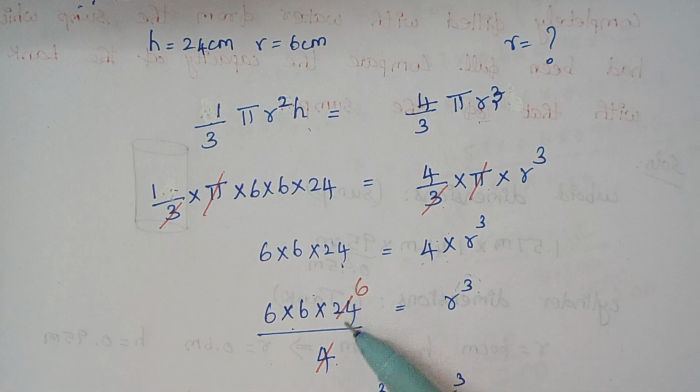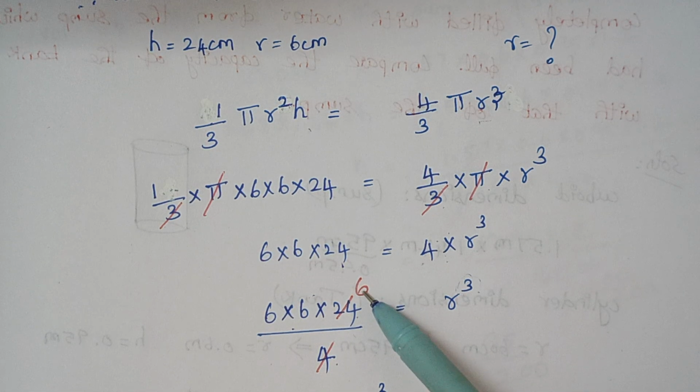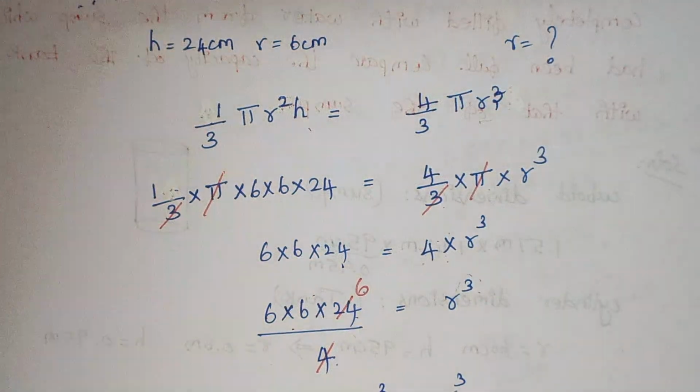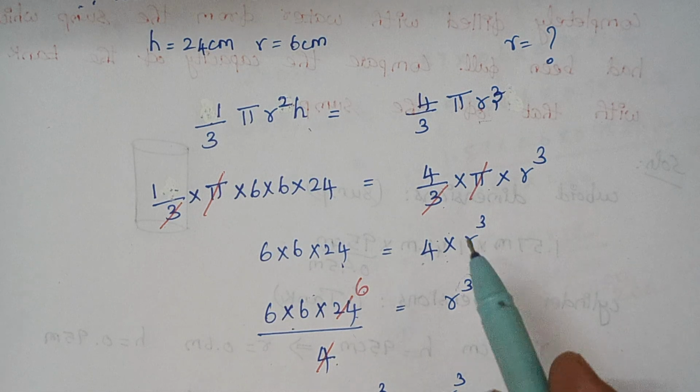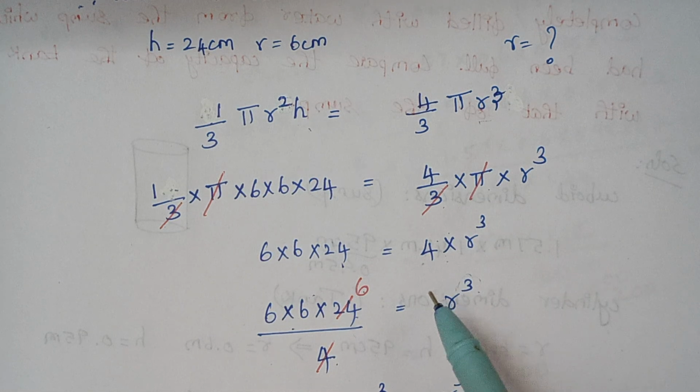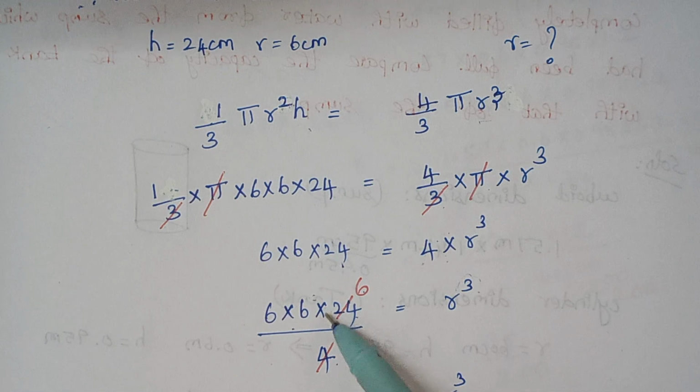When you cancel this 4 and 24, again here we have a 6, which makes this term 6 cube. Therefore it is easy for us to take the cubic root. So don't be in a hurry to cancel this 6 and 4 by 2.